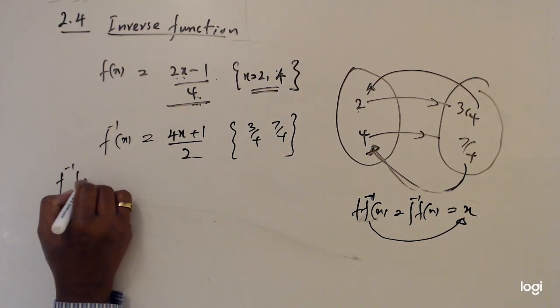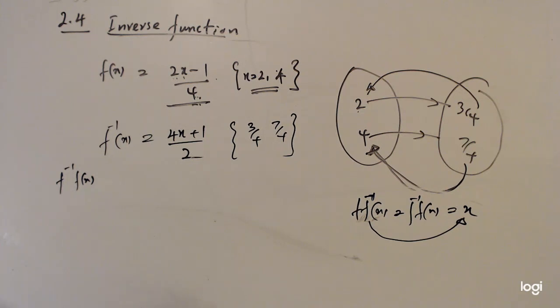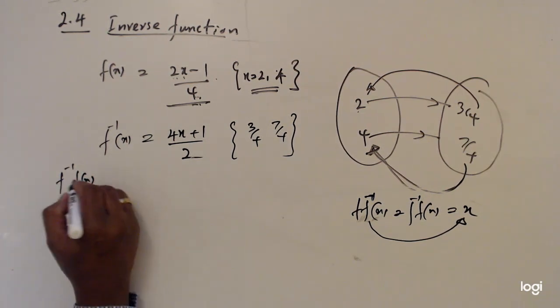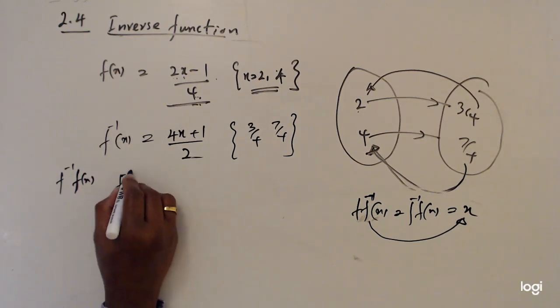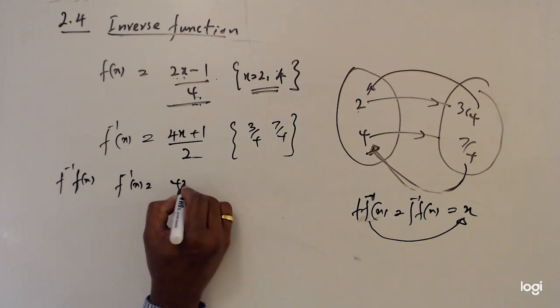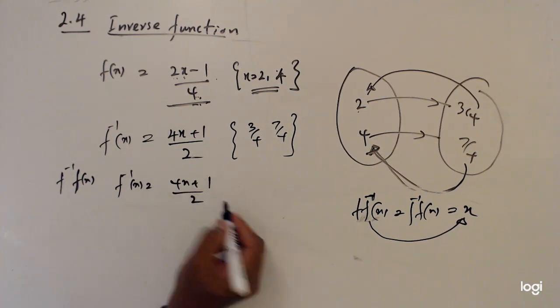F inverse of f x, we will get x. So first of all, I write f inverse x: 4x plus 1 over 2.